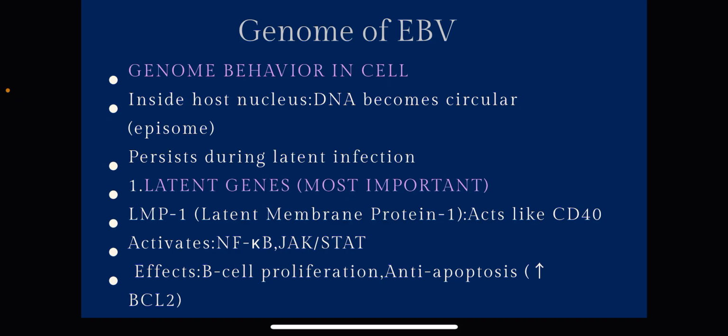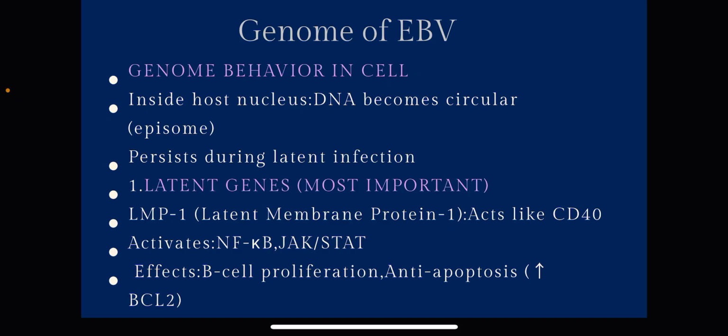Now, let's look into the latent genes, which are most important. LMP1, or latent membrane protein 1, acts like CD40 and activates the NF-kB pathway and JAK-STAT pathway. The NF-kB pathway is the nuclear factor kappa B pathway, and JAK-STAT is Janus kinase signal transducer and activator of transcription.